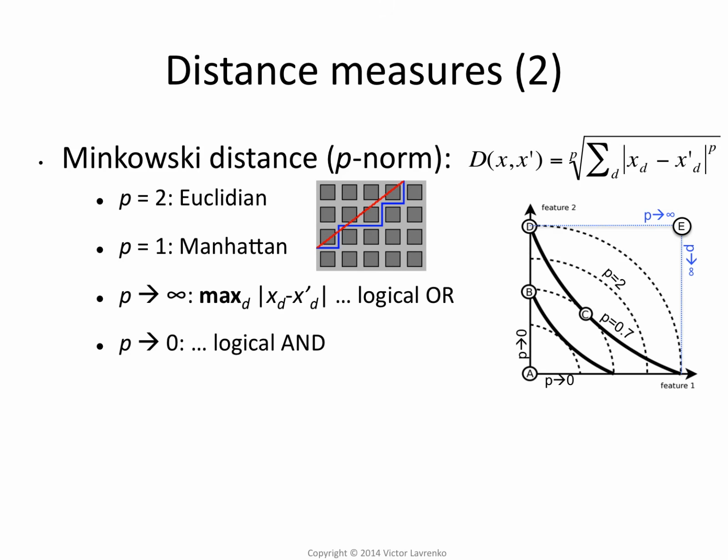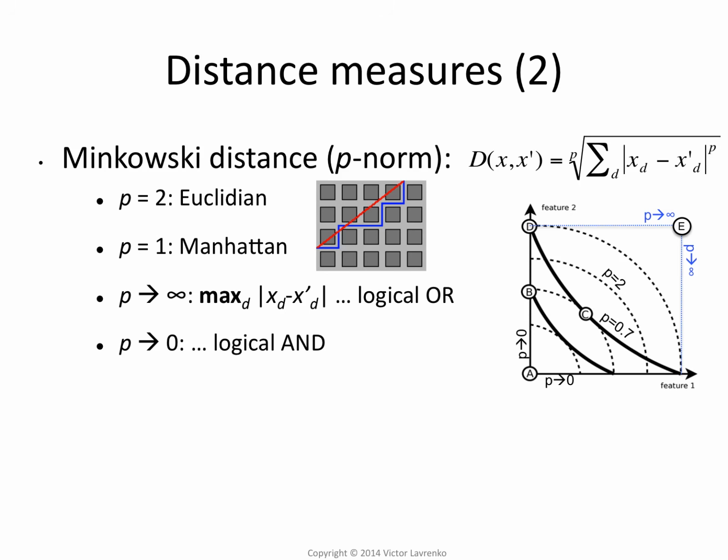And you can see it if you draw contour lines for the p norm in 2 space. So here I have A is my testing instance, B, C, D, E are my training instances. I have 2 different attributes, feature 1 and feature 2, and I'm plotting how far away those attributes are in terms of different distance functions.